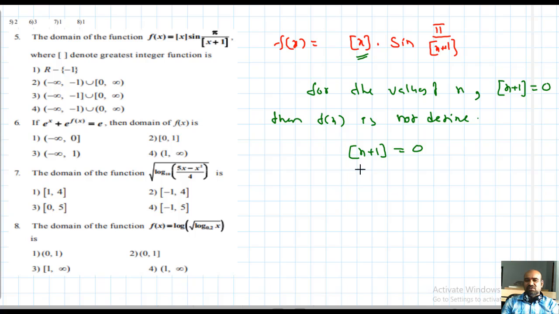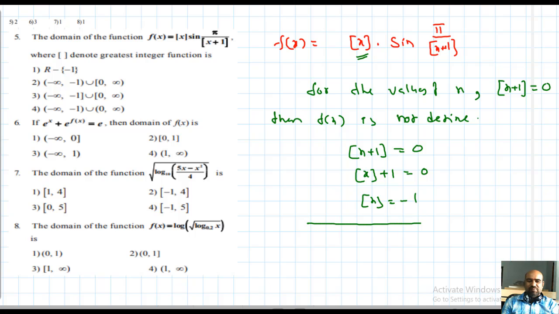What values of x? According to the property of the step function, I can write this. It's already clearly explained: step of x plus m equals step x plus m, where m is an integer, then only you can write it, otherwise you can't. Don't think that step of x plus y equals step x plus step y, wrong. It holds only when the second part is an integer. So step x should be equal to minus 1.